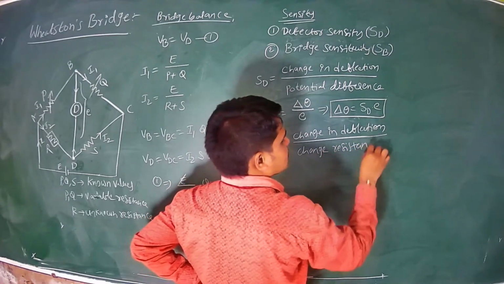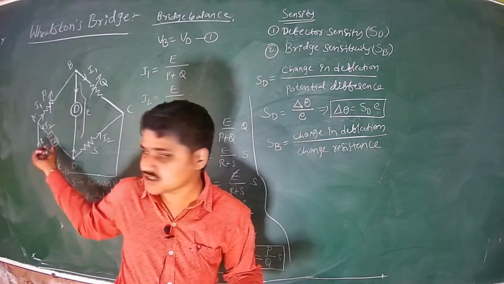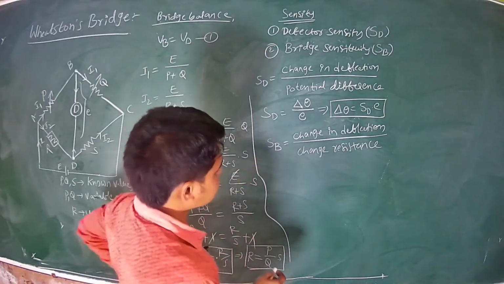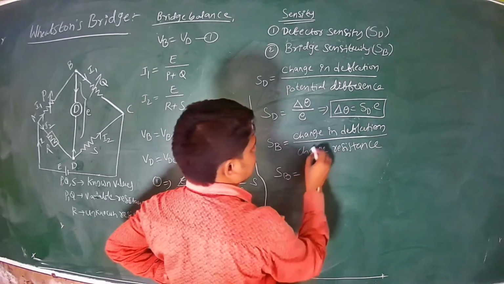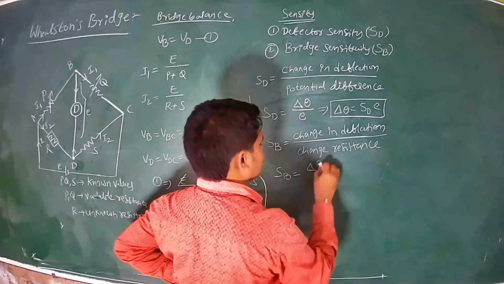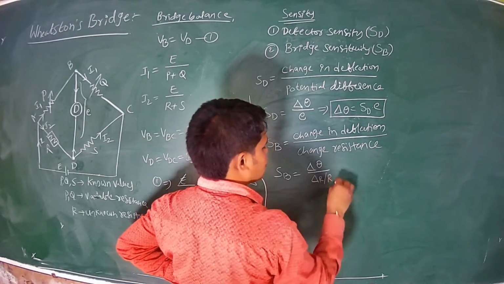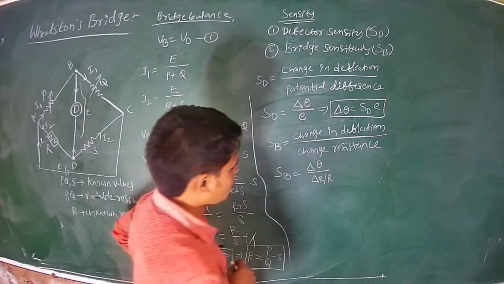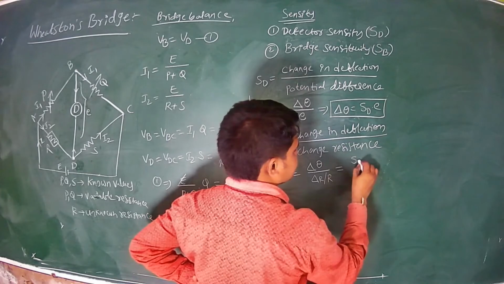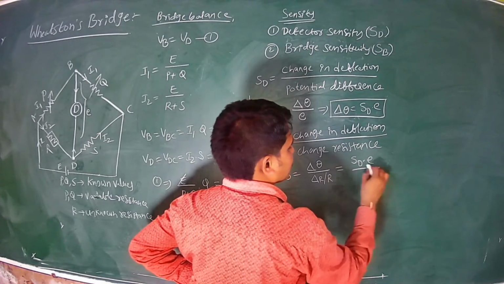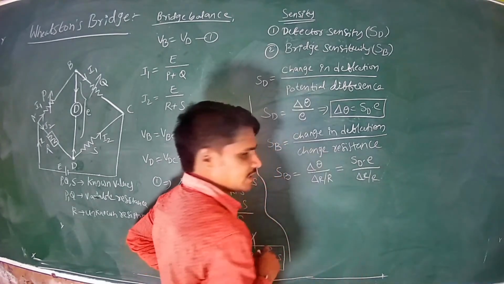That means how small the resistance is changing is what you have to find in this sensitivity. Therefore SB equals the change in deflection, delta theta, by the change in resistance, delta R by R. Now substitute delta theta equal to SD into E, by delta R by R. So this is SB.